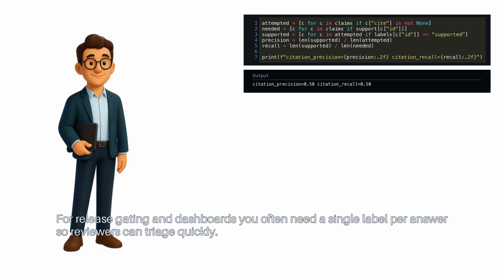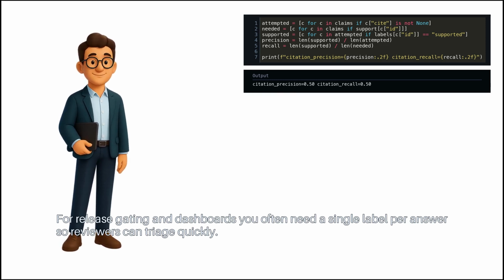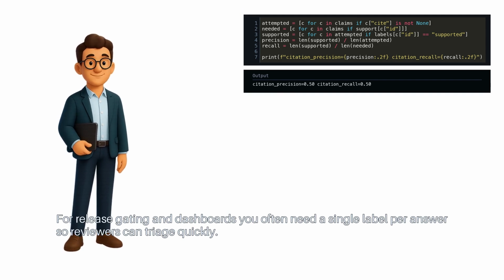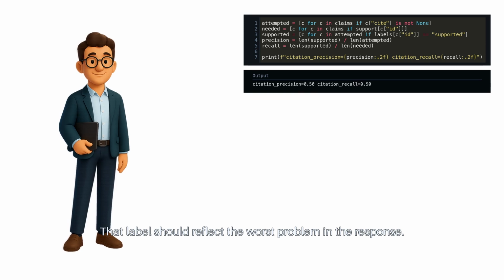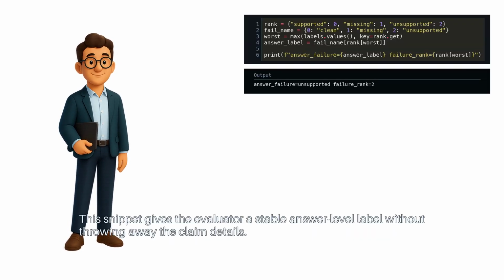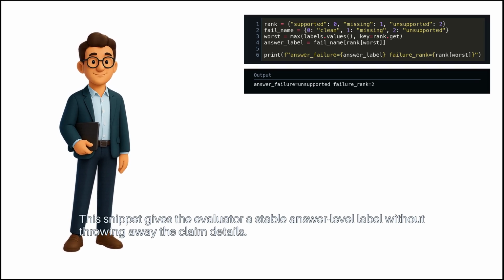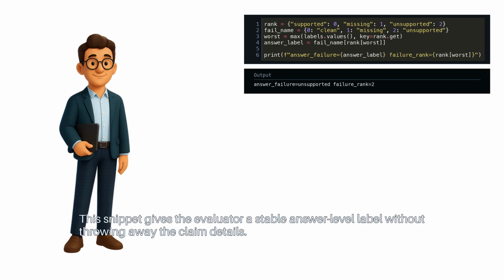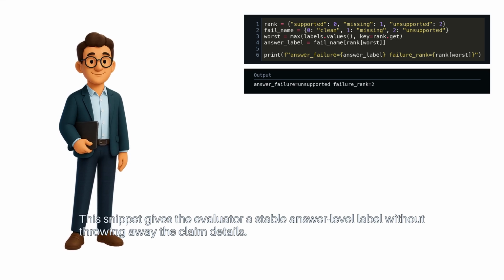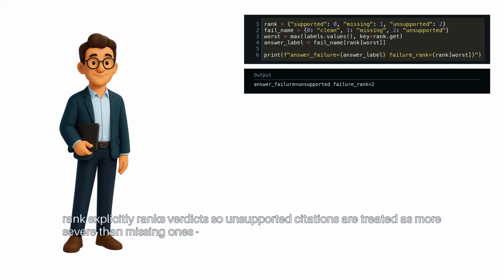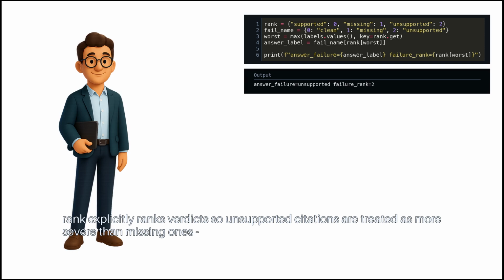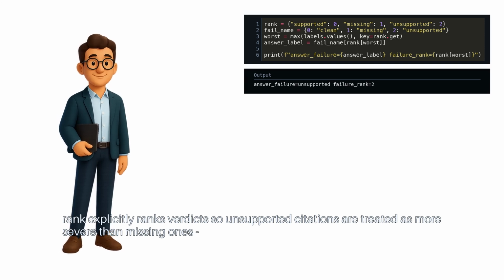For release gating and dashboards, you often need a single label per answer, so reviewers can triage quickly. That label should reflect the worst problem in the response. This snippet gives the evaluator a stable answer-level label without throwing away the claim details. Rank explicitly ranks verdicts, so unsupported citations are treated as more severe than missing ones.